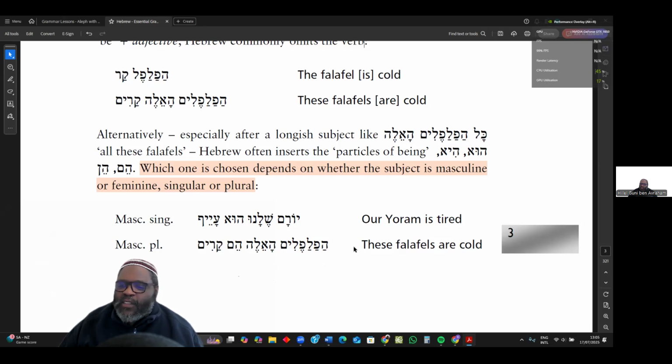So this them are cold just wants to say that these falafels, they are cold. It's almost like a double emphasis that these falafels, specifically, they are cold. Hem means they or them. Ha'ele means these. All right, I hope you learned something.